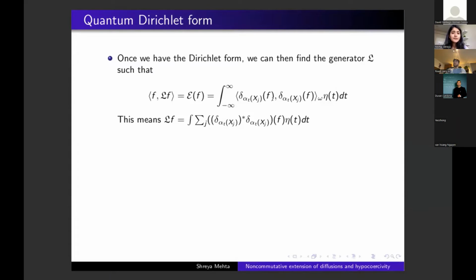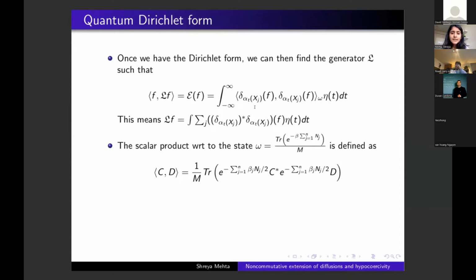So once we have this Dirichlet form, this would be equal to the scalar product of f and Lf. So we can get the generator Lf as the integral of the sum of the adjoint of the derivations and this function eta of t.